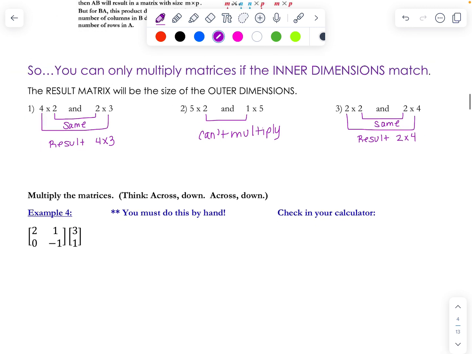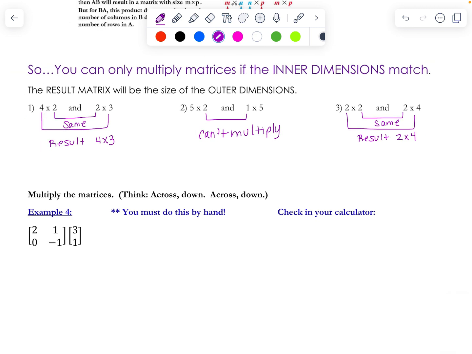Okay, so there's a couple different ways that we can multiply matrices. Some teachers may do it where you think across and then down, and across and down. And actually we're going to cross this out because we're not using our calculator.